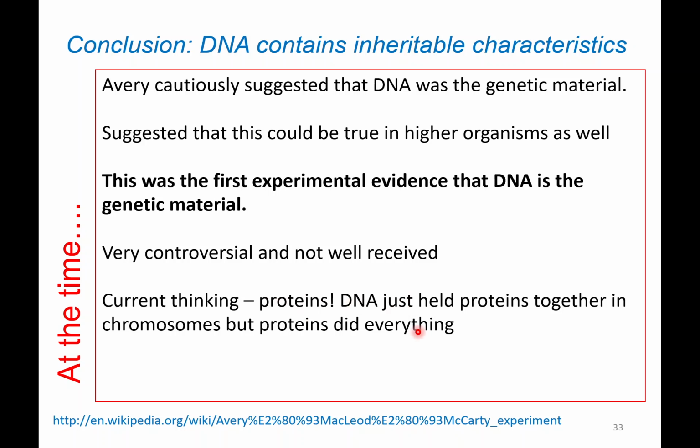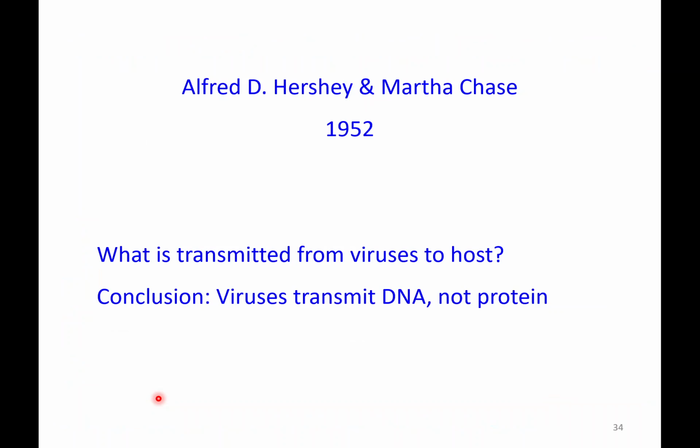And DNA was just something that held the important proteins together in chromosomes, but the DNA didn't do anything. The proteins did everything. Okay, which is not the case as we know now.